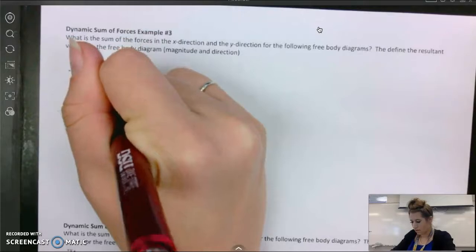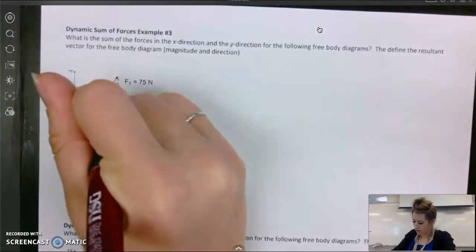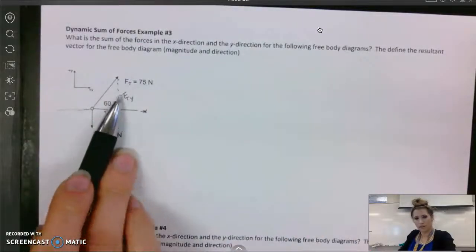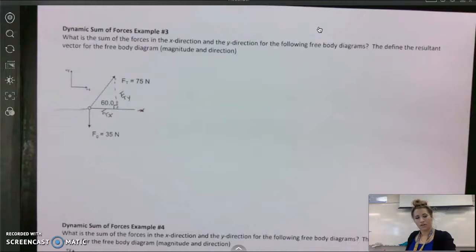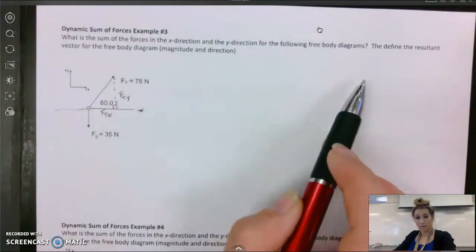So we have a force due to tension in the y, and we have a force due to tension in the x. We can break that up into its x and y components there. Okay, which is nice because then we can observe it with the x and the y.